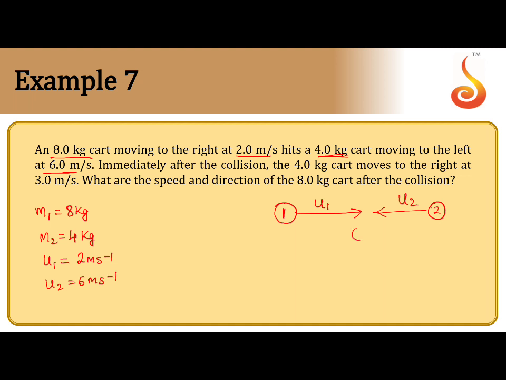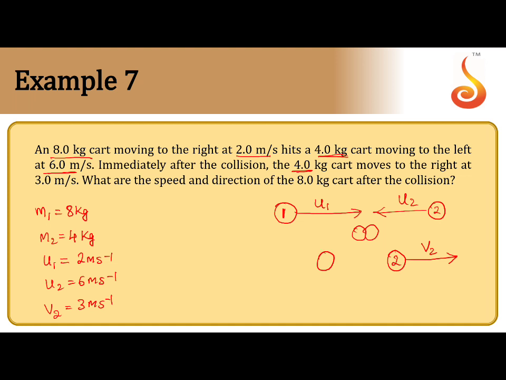They collide with each other for some time, and after collision, according to the data, the 4 kg cart moves to the right at 3 meter per second. That means the second cart will move in this direction with a velocity v2, v2 is equal to 3 meter per second.